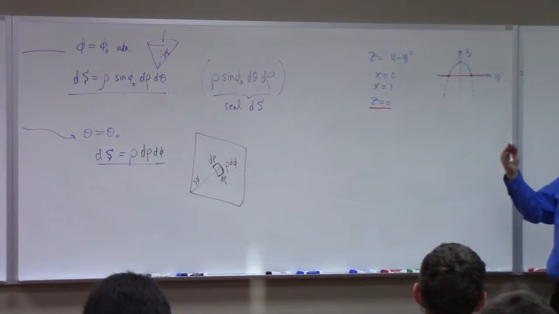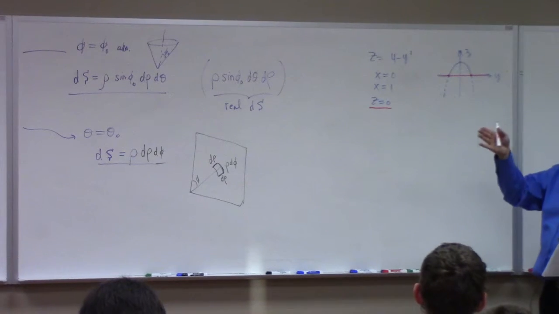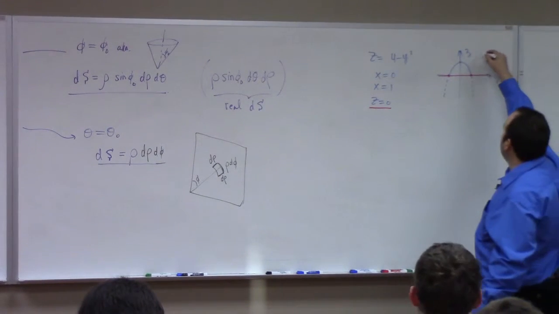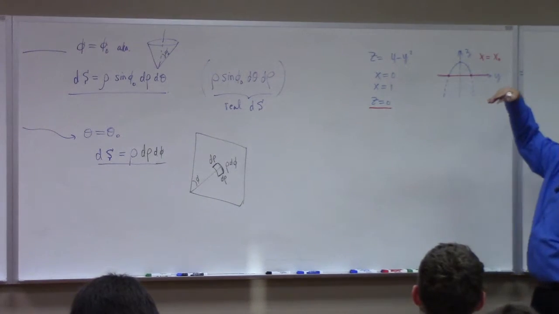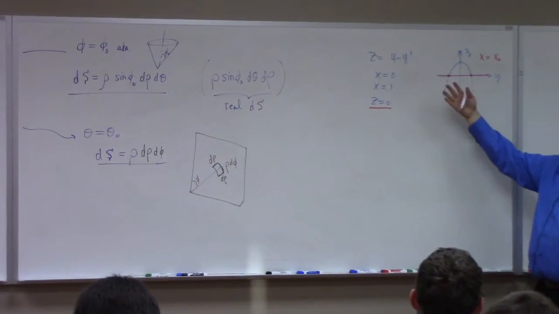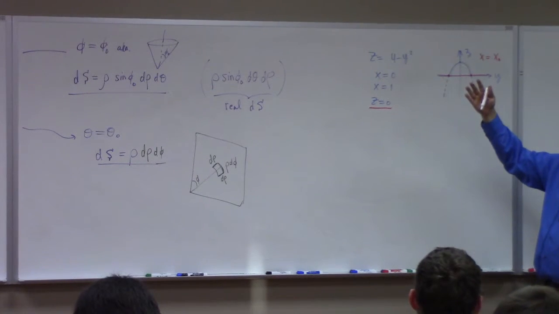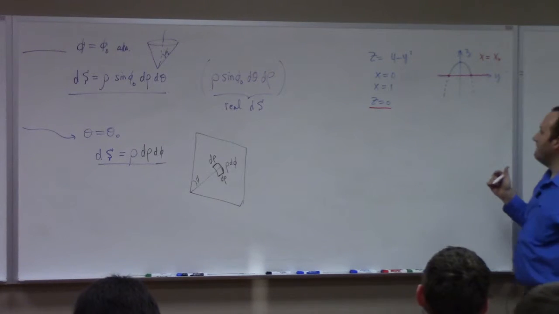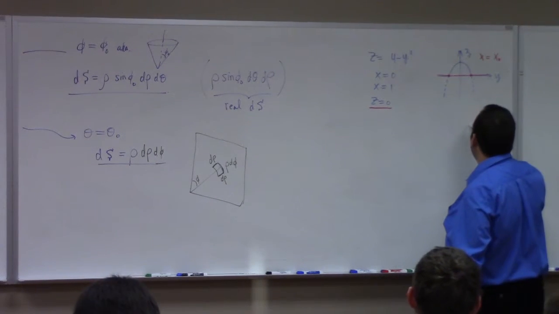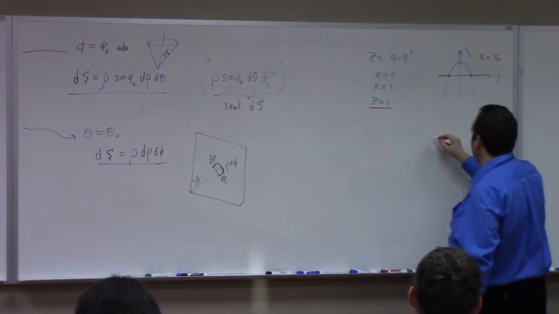Then this is repeated at each x slice. I could put x equals x naught, and this would be valid, and that just repeats from 0 out to 1. So it's pretty much just a wedge you can cut out of the top of the saddle.